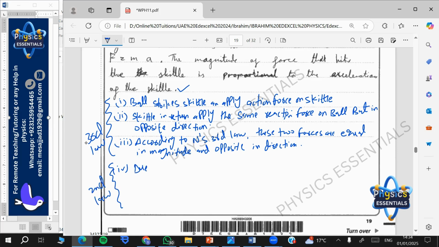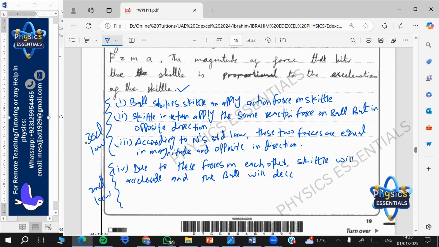Due to these forces on each other, skittle will accelerate and the ball will decelerate, right?